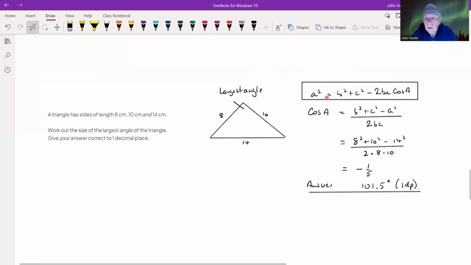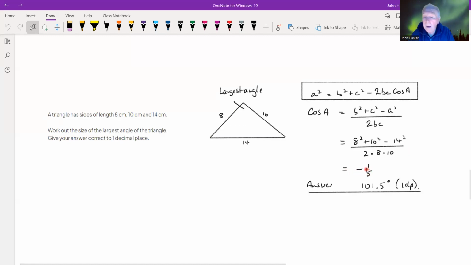Okay, so here's our formula. Now, if we rejig this, change the subject of the formula, we've got cosine of A. We've got all these values on the right, and just substitute in our 8, our 10, and our 14 into there, and we get minus 1/5.